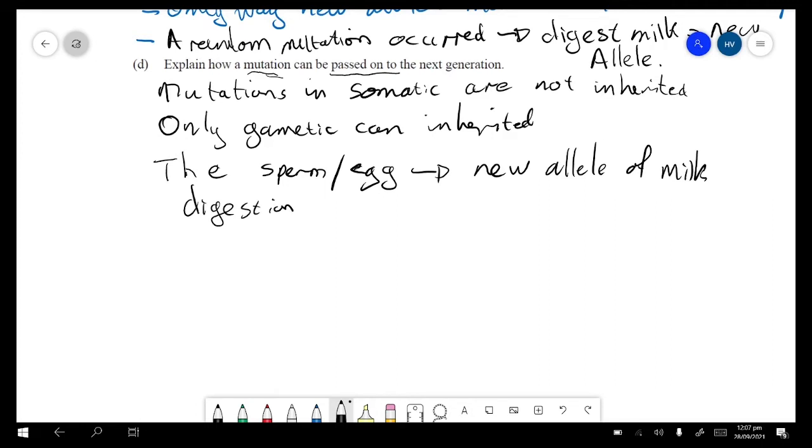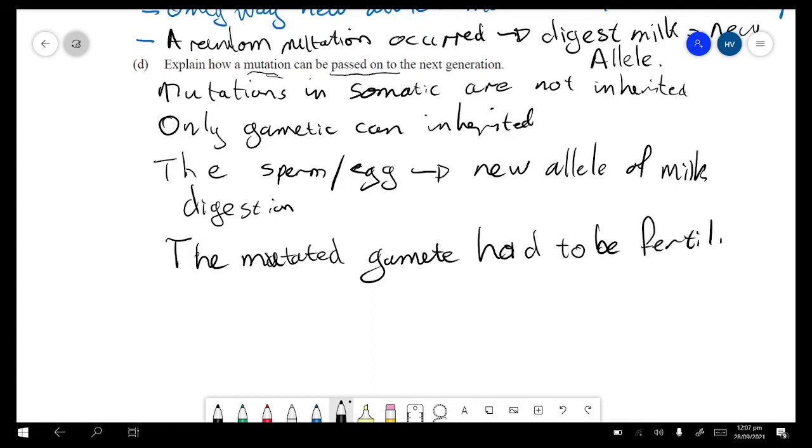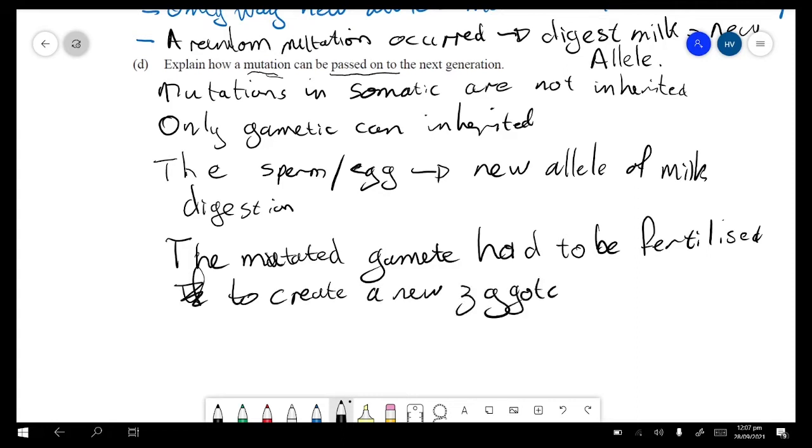Then, what's more important is that the gamete with the mutation, so the mutated gamete, had to be fertilized to create a new zygote that carried this new allele. Okay, so only gametic mutations can be inherited. Yeah, I think that covers everything.